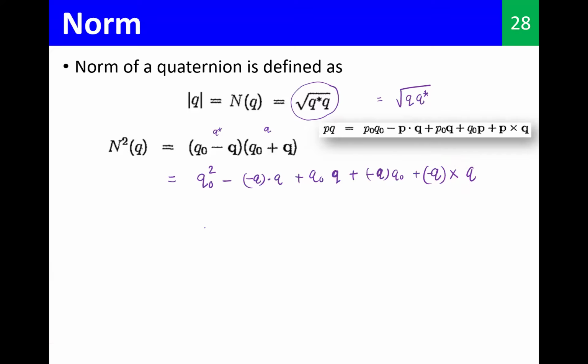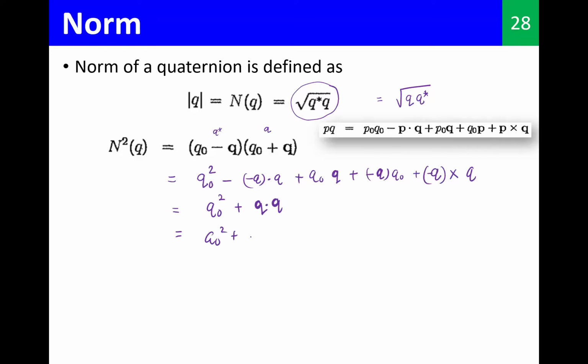So we have q naught square plus the dot product of the vector part.